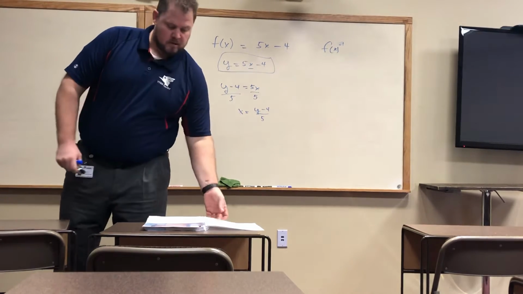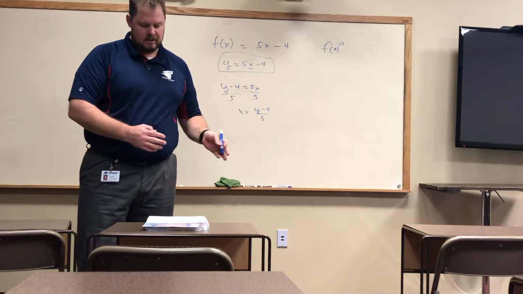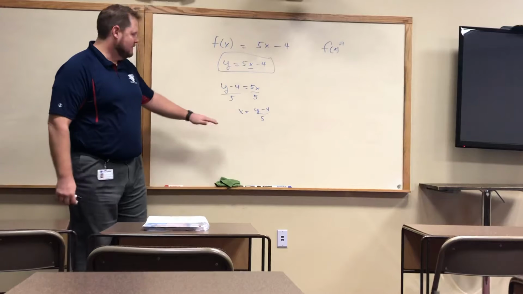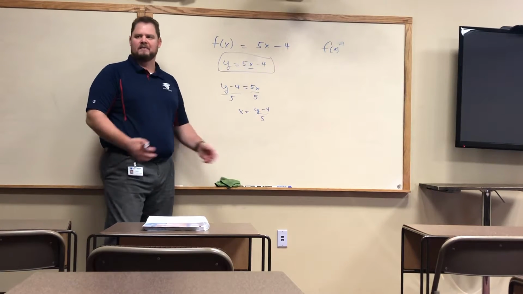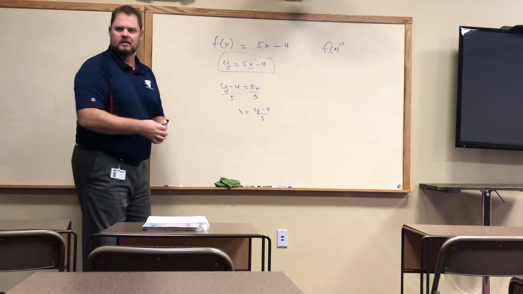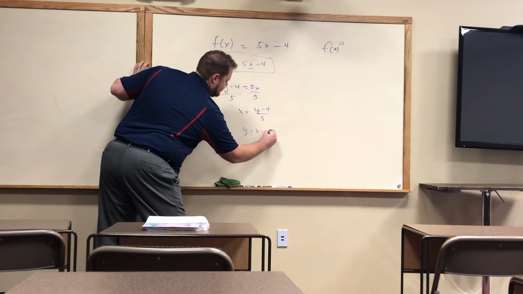That's all you're doing. Can it be left like this? No. Once you solve this, all you have to do is flip-flop x and y. So now, y equals x minus 4 over 5.